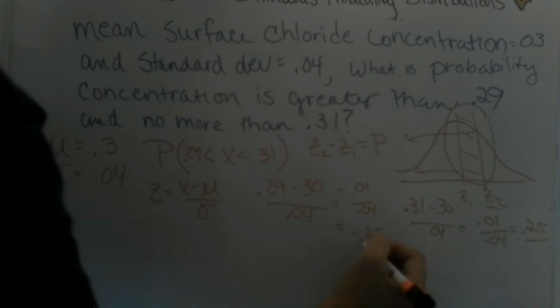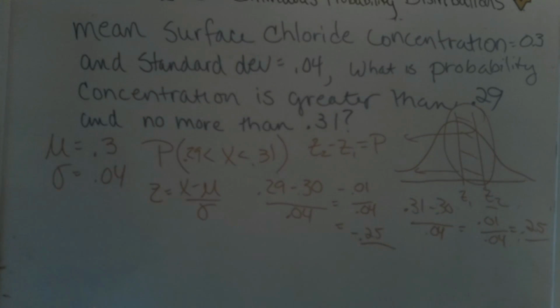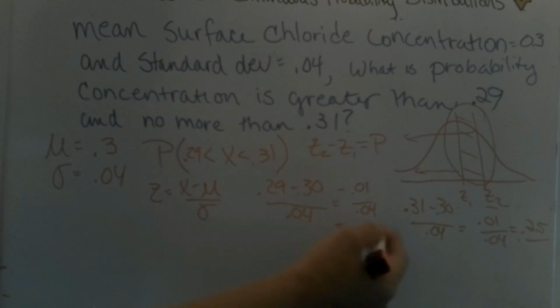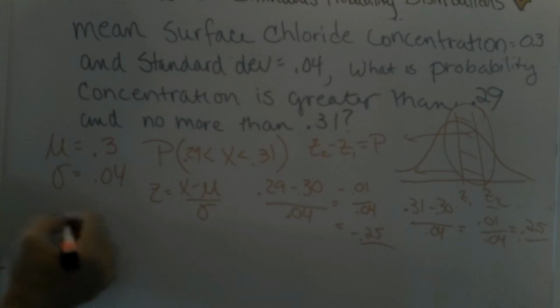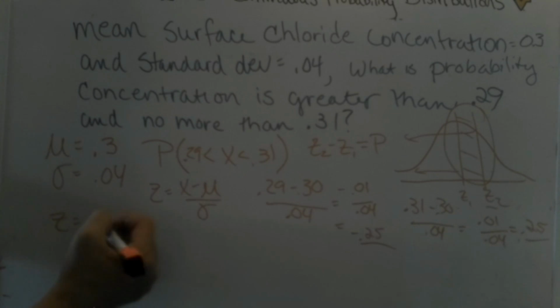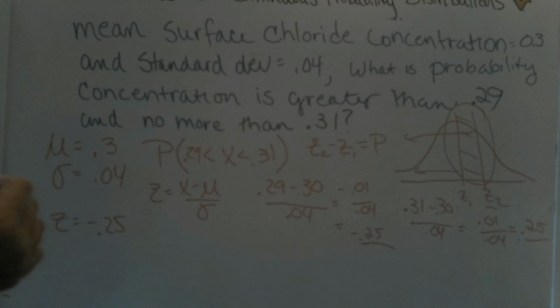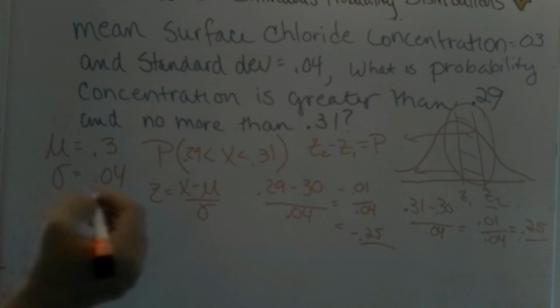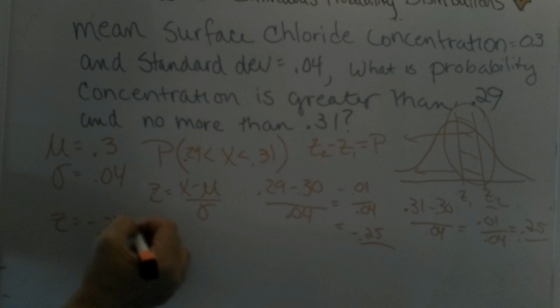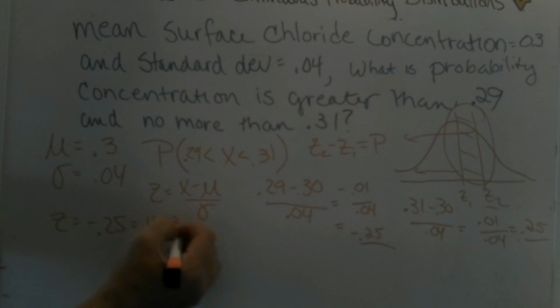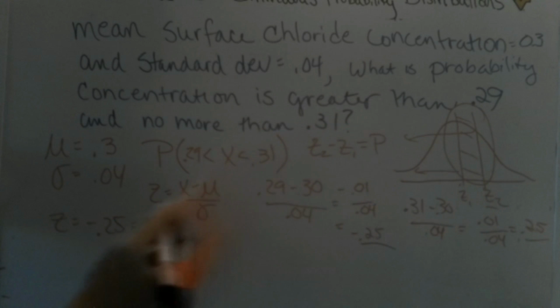So we go to our z table and we look up our probabilities. For z equal negative 0.25, what's that probability? When we look, we see 0.4013. That's that probability.